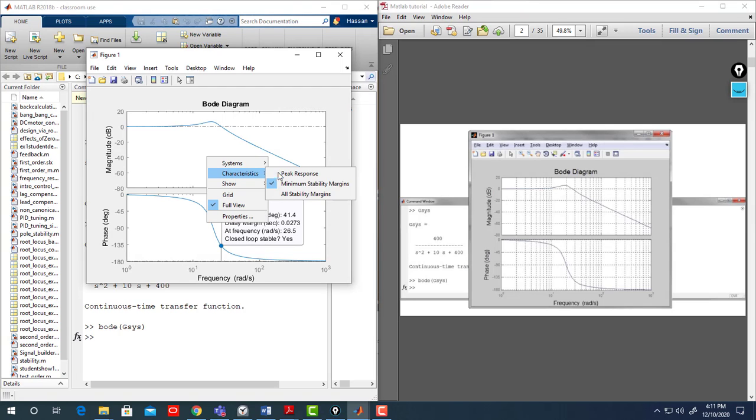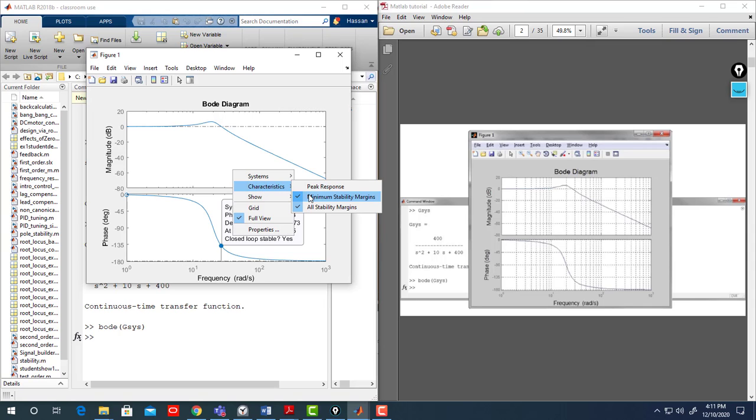So now, I recommend to go to the all stability margin and look at the all stability margin. At zero crossover frequency you have this. At minus 180 it doesn't cross, so you have infinity gain margin. So that's why in this case the minimum stability margin is the only stability margin.